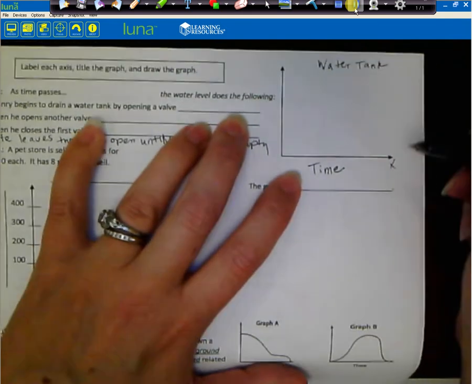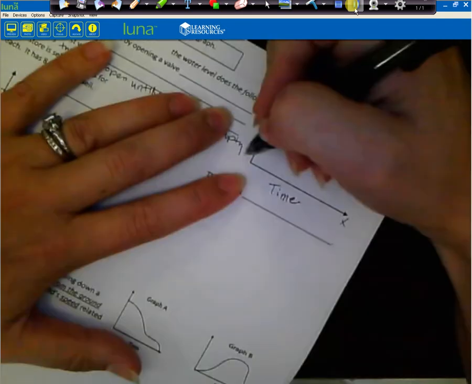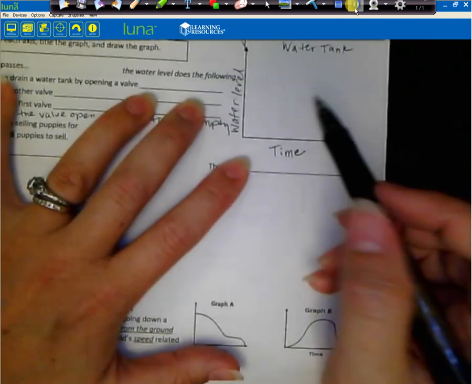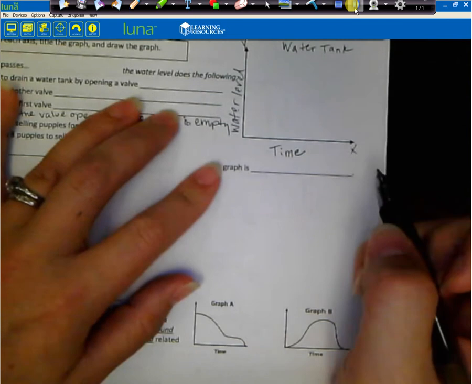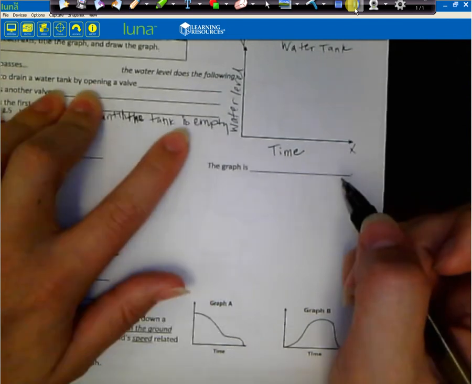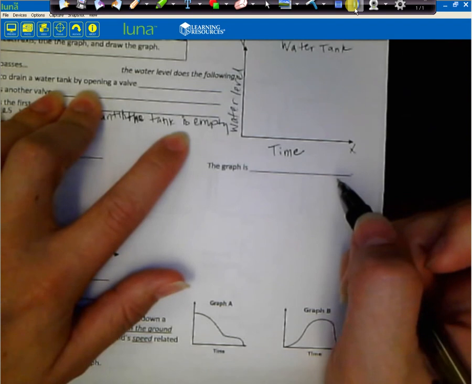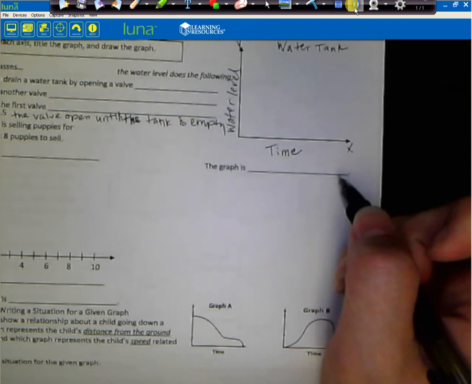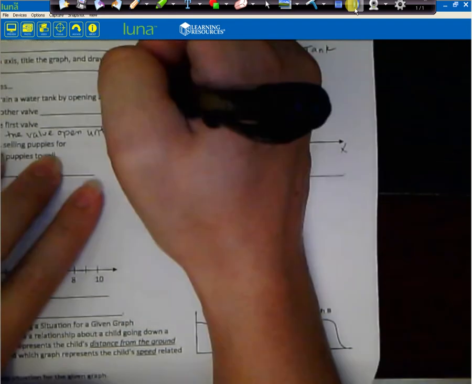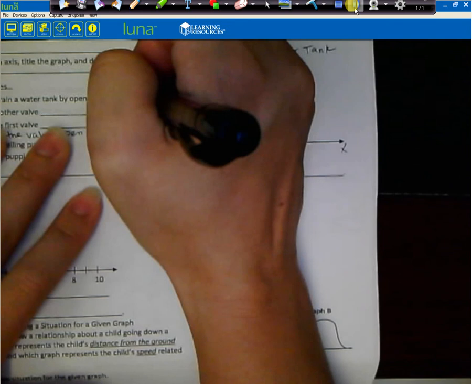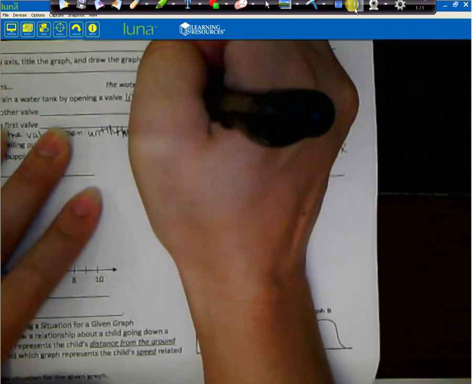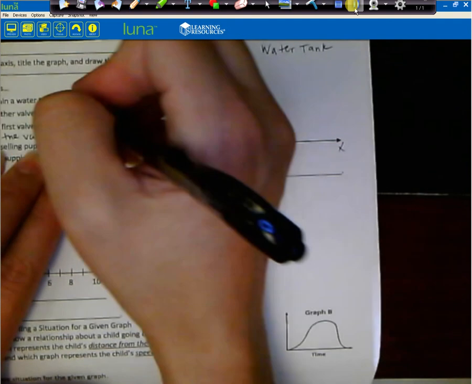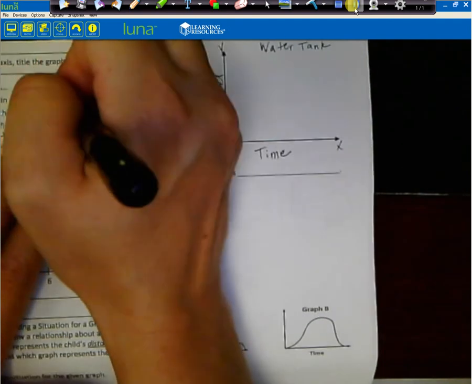Our dependent axis is going to represent the water level. So write water level there on your y-axis and time down here on your x. Henry begins to drain the water tank by opening a valve. So the water level is going to initially decline. Then he opens another valve, so it's going to decline more rapidly.